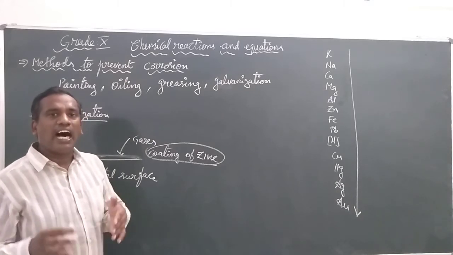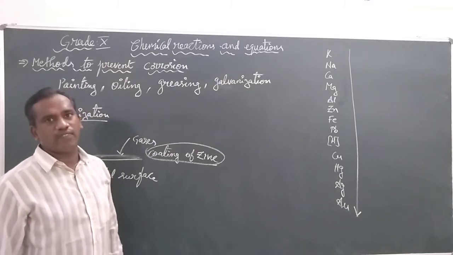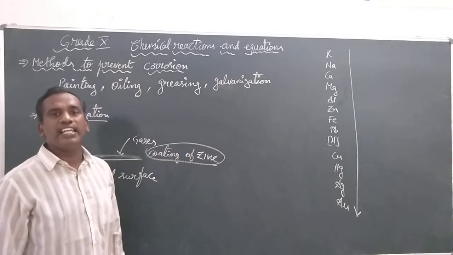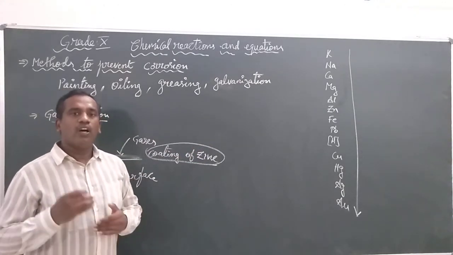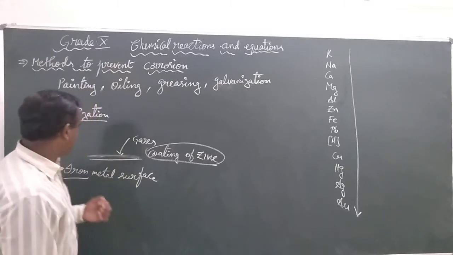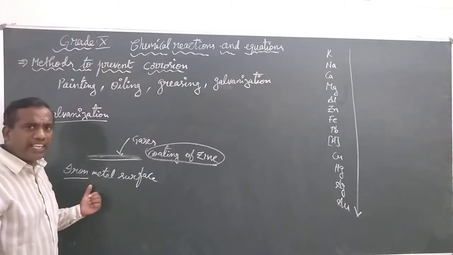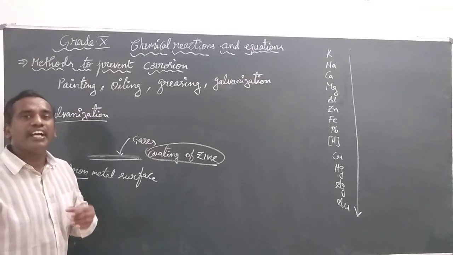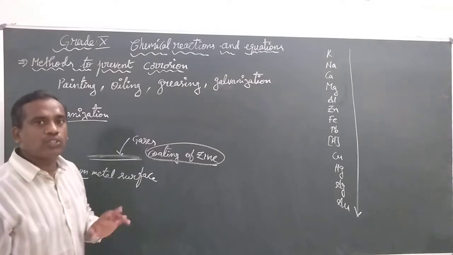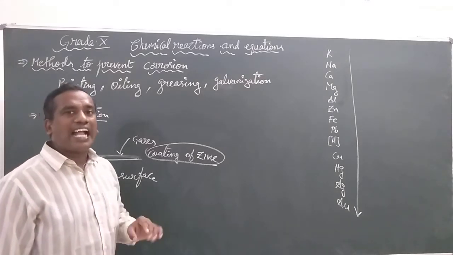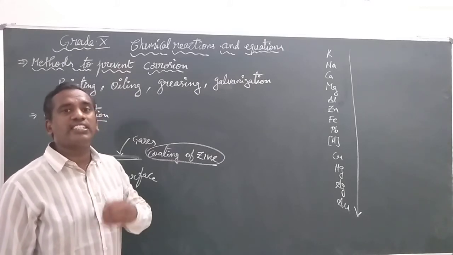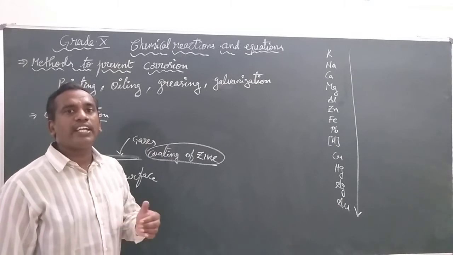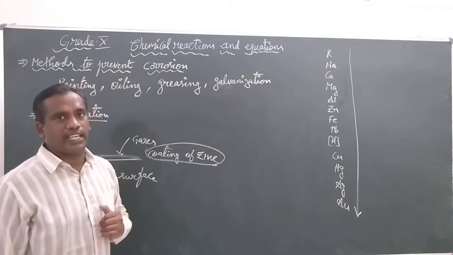They react with zinc because zinc is more reactive than iron. By this method we can prevent our iron from rusting, and this we can also call the sacrificial method. Zinc is sacrificing itself to prevent iron from rusting.